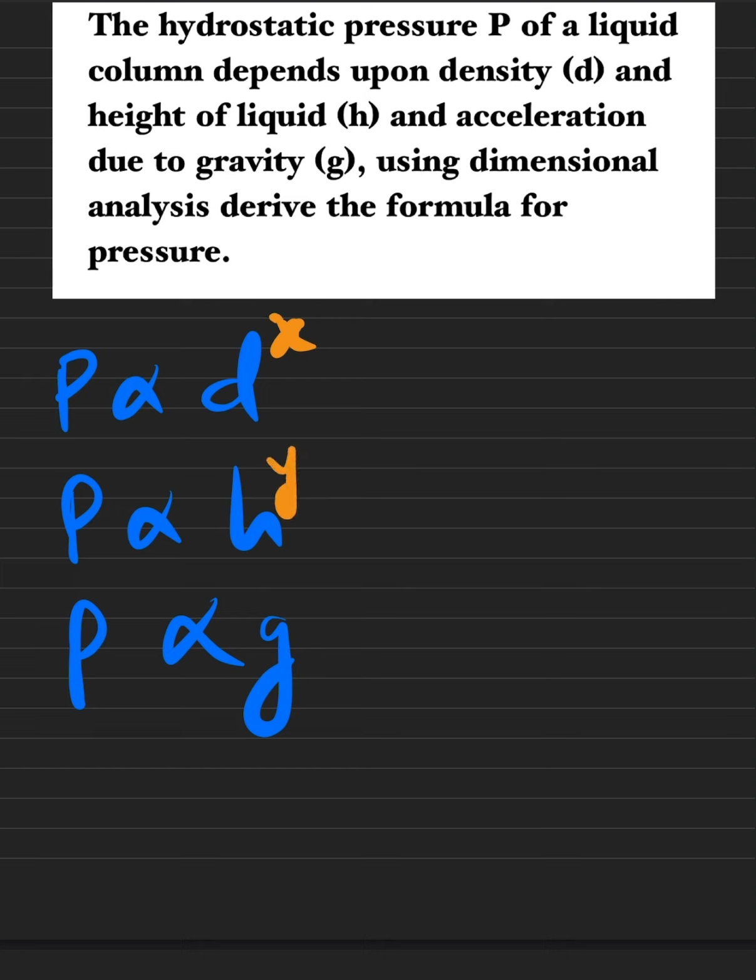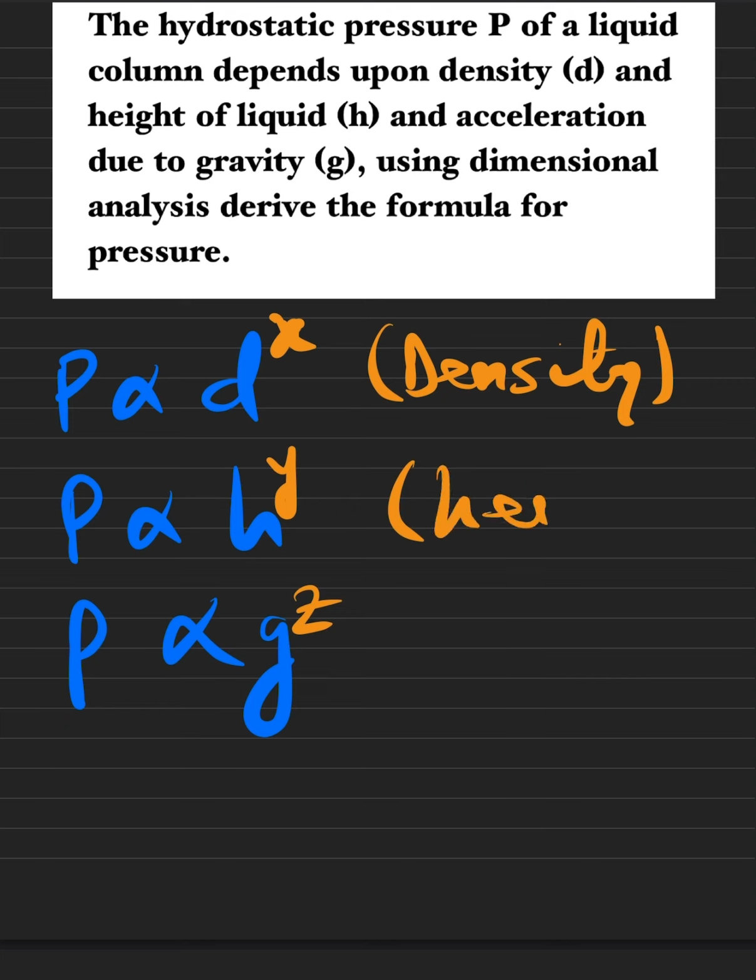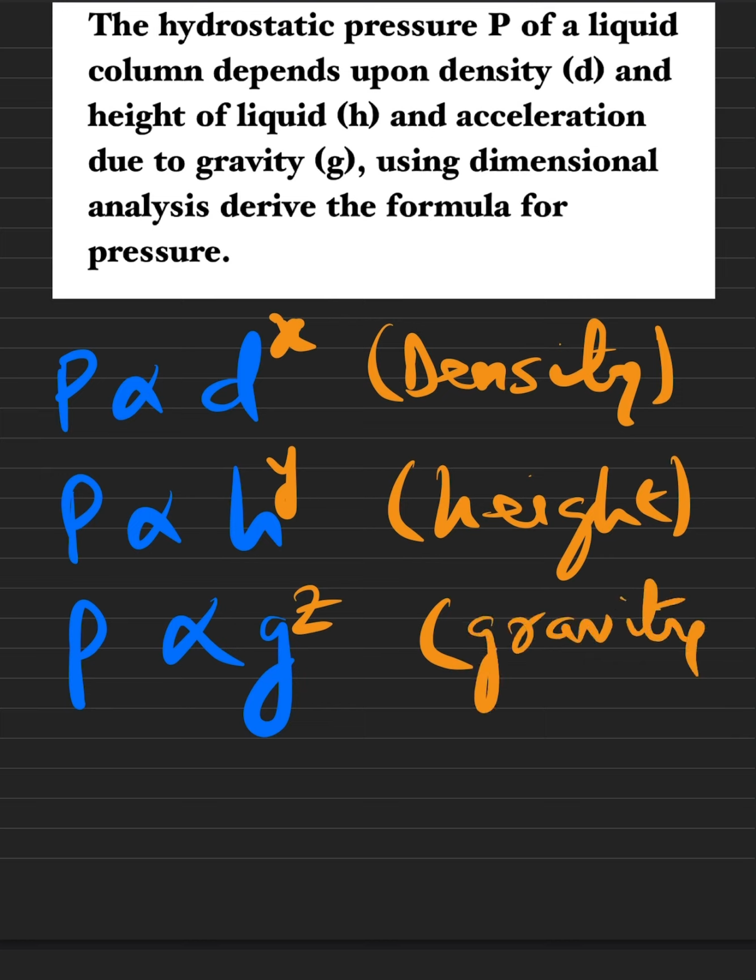Let's use y as a power here for the height. Then let's use z as a power for the gravity. So you understand what I'm saying now. So this is like the density, right? This is the height, and this is the gravity. So you know those 3 parameters, that it depends upon the pressure. That's the P you have here.